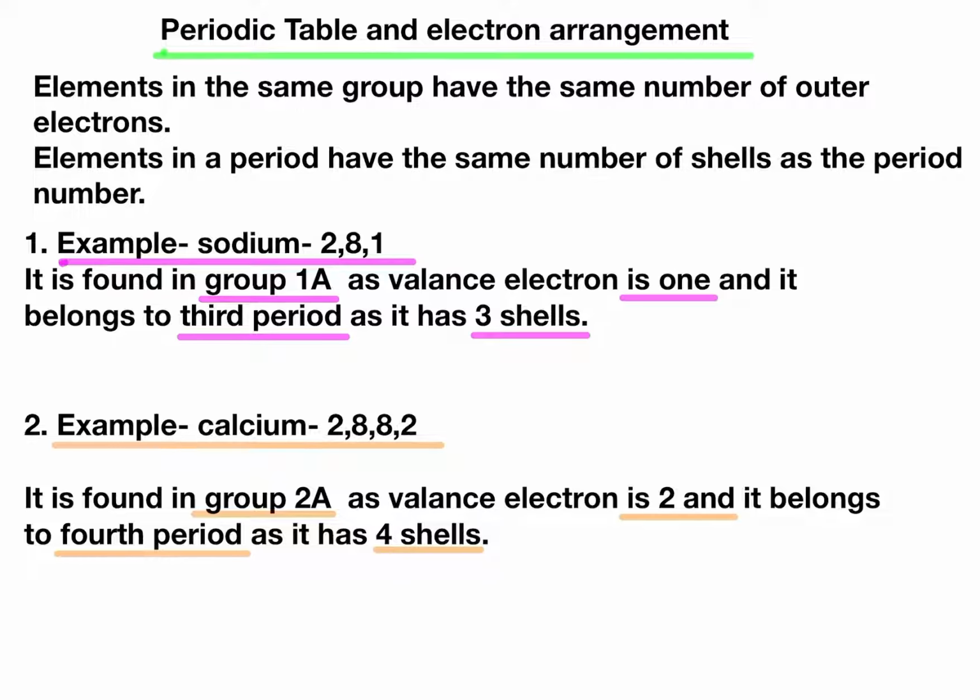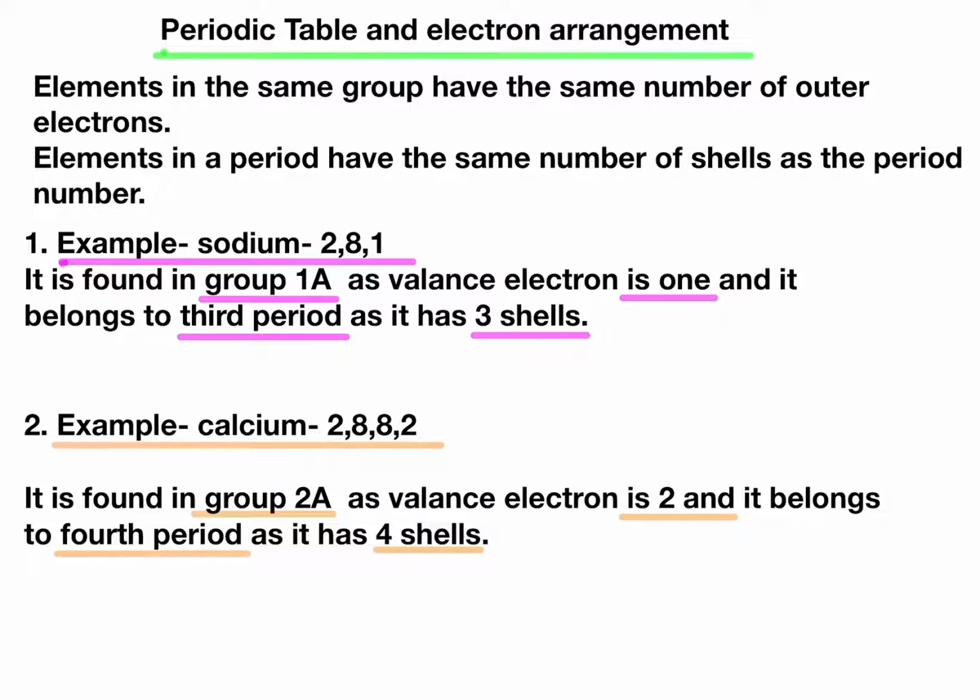It is found in group 1A as its valence electron is 1, and it belongs to the third period as it has 3 shells. So very easily, when you look at the electronic configuration of an element, you will be able to trace it in the periodic table according to the valence electrons and the number of shells.